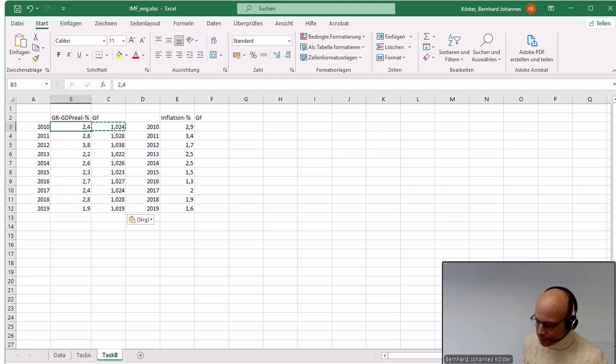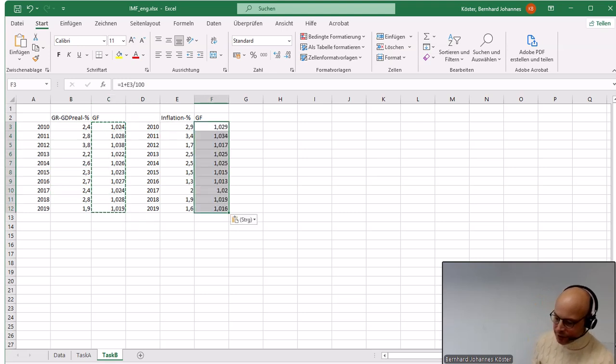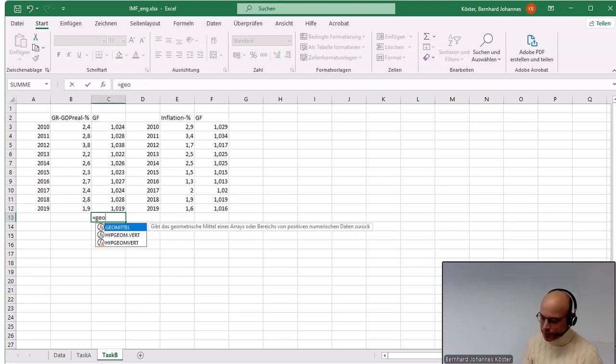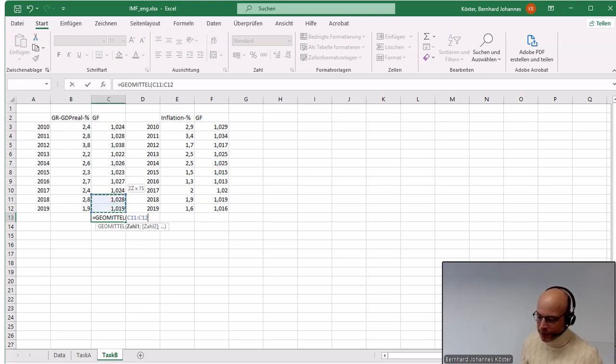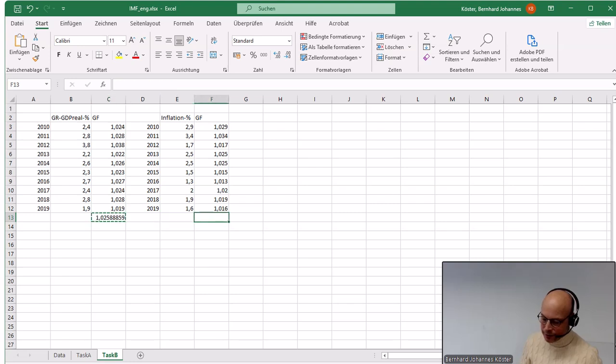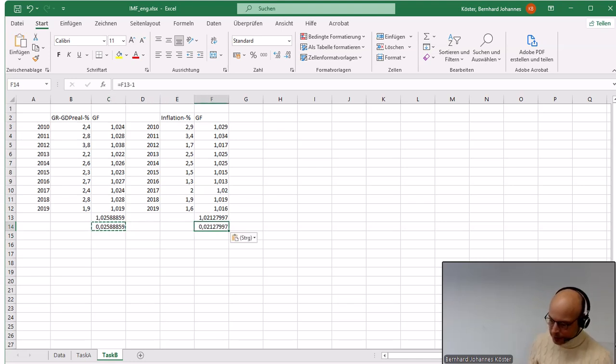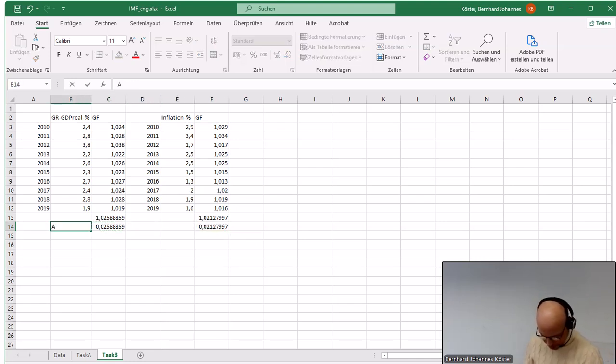Okay. So then here we have also the growth factors for the inflation rate. And now I will only choose one possibility. So the geometric mean of these growth factors would be the average growth factor, and the growth factor minus 1, sorry, this way around, is then the average growth rate.